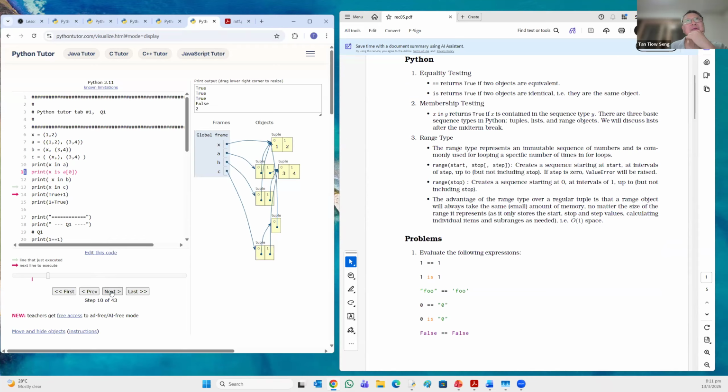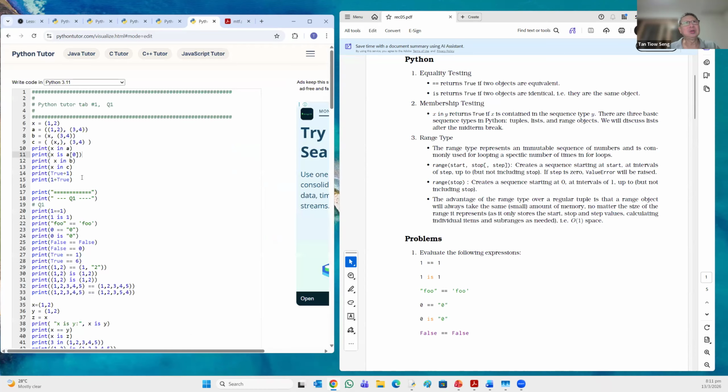2 plus 1. 2. Why? Because true is equal to 1. So it can be added to 1 as well. All right, so this is called type promotion.